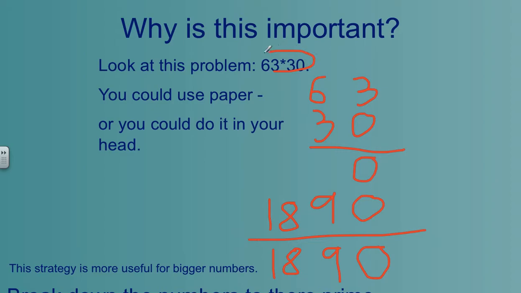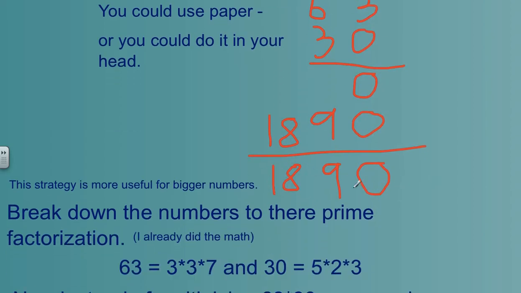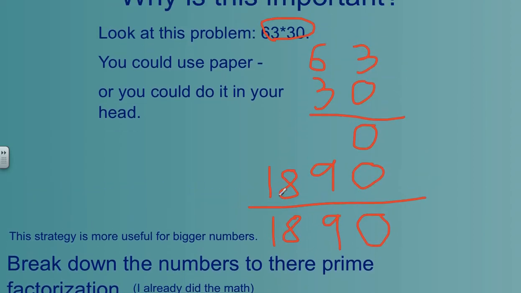You could use paper, in which you would write 63 times 30, put the 0 down, then put another 0 down, 3 times 3 is 9, 3 times 6 is 18, add it up, it's 1890. This strategy that I'm about to show you is probably better for bigger numbers, because you can't just use paper to do this.